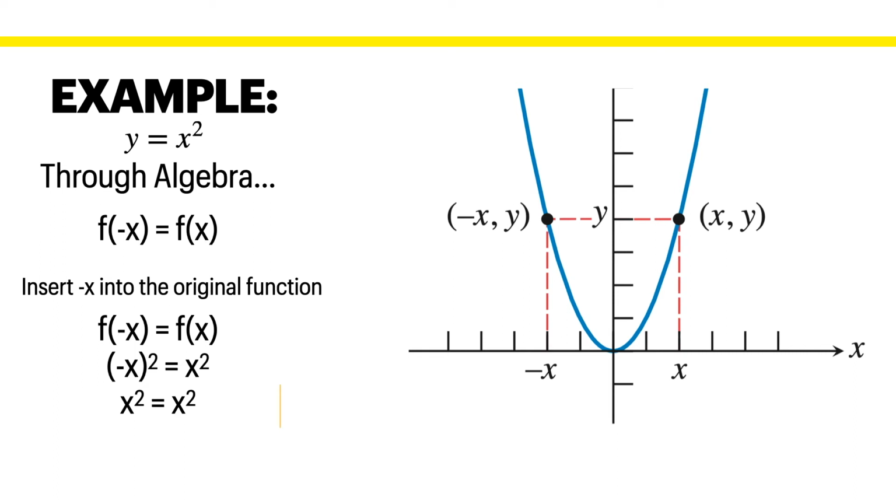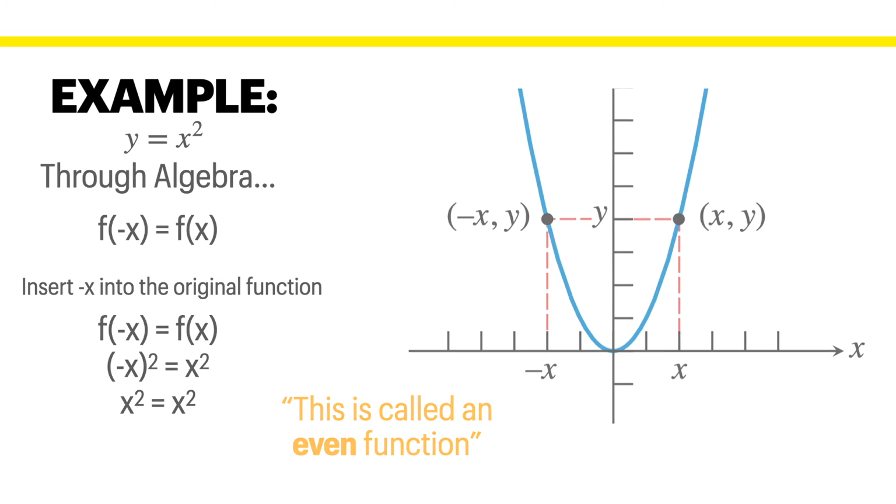So technically we can say that this function is called an even function, because even if you assign a negative number to x, you're still going to end up with the same y, which is of course the description of a parabola, because we already know that a parabola has two x's for every y.